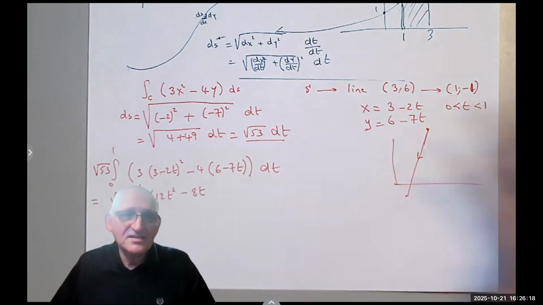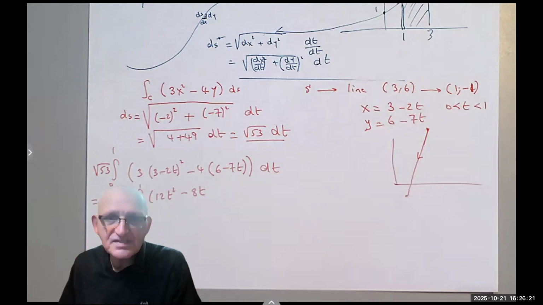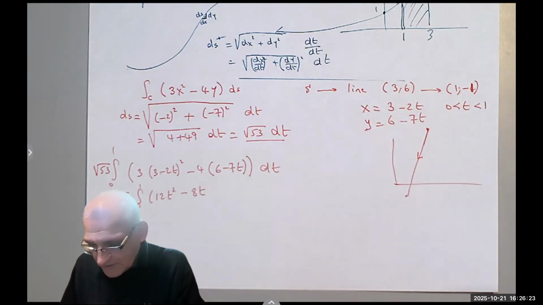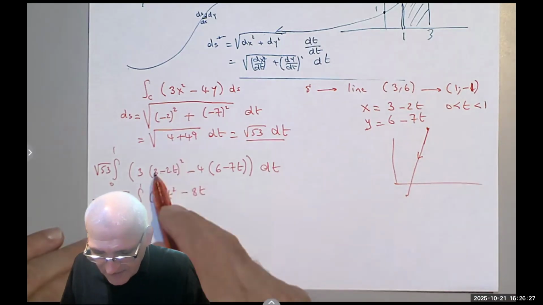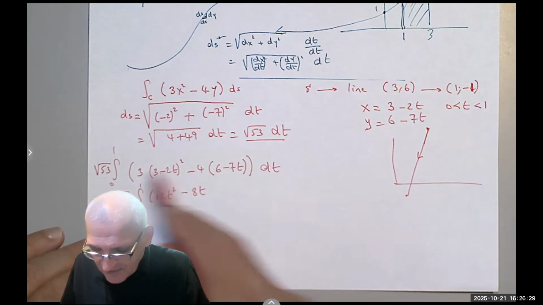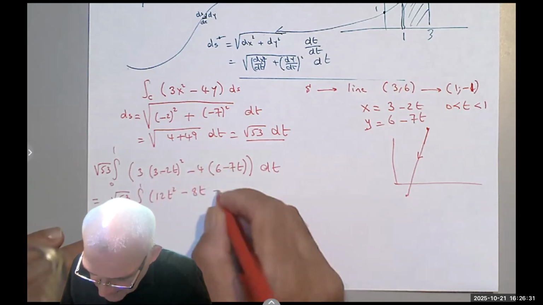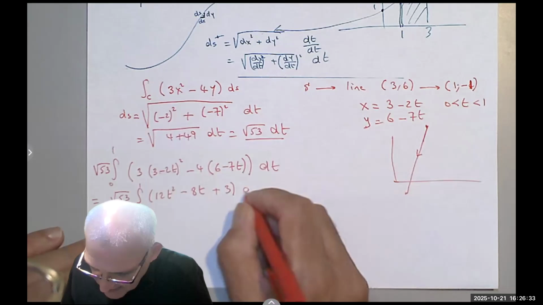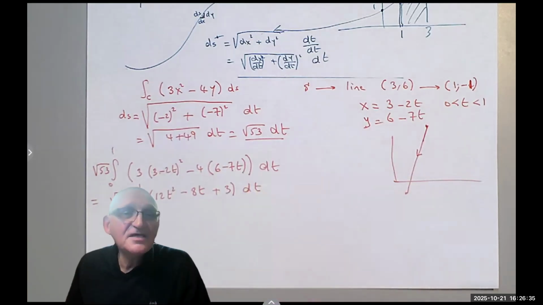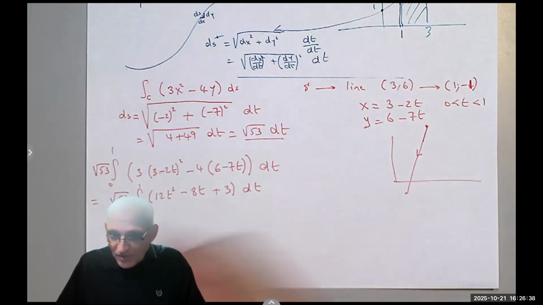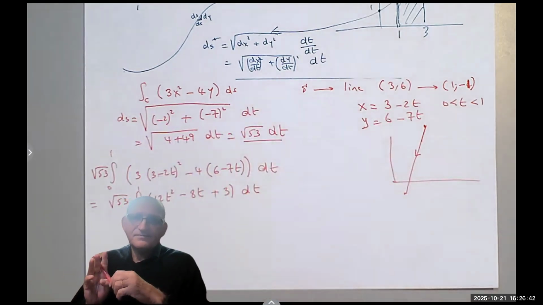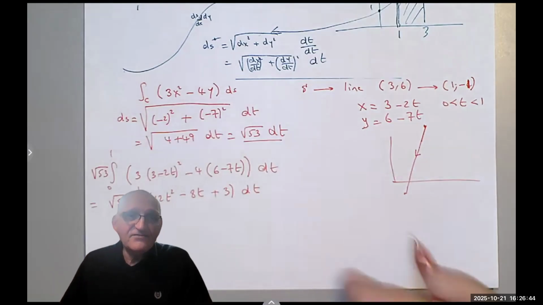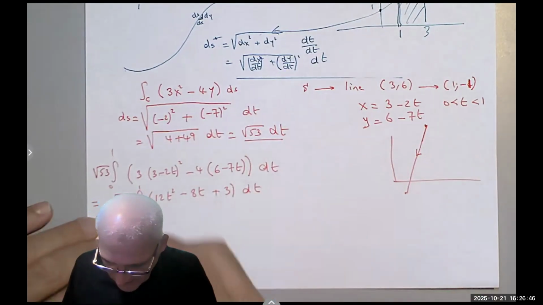Again, you can break it down and see for yourself. That's what you will get. And then the constant I have here, 3 squared is 9 times 3 is 27 minus 24, so plus 3, dt. Very simple integral. You see, if you try to integrate this with respect to x, how would you do it? Now parametrizing everything makes life easy.